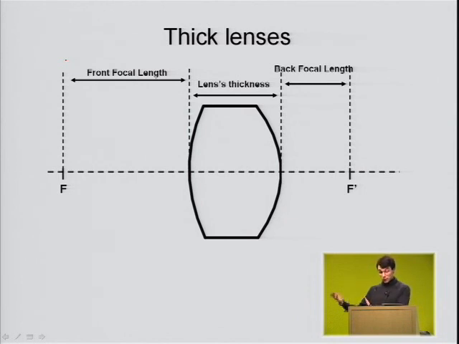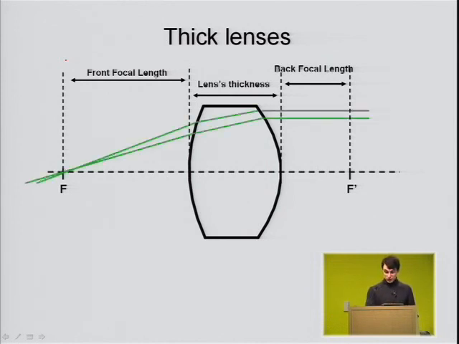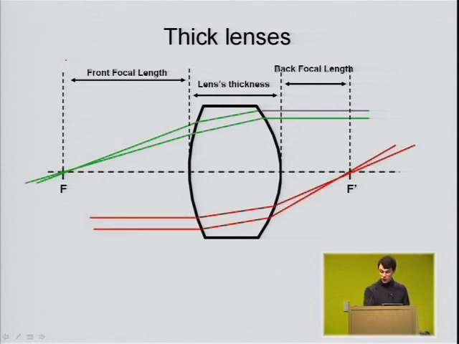And same thing for the back focal length, the second surface to the image focal point. The object focal point is defined as usual: all the rays going through this point will emerge parallel to the optical axis, and the image focal point is about the same.